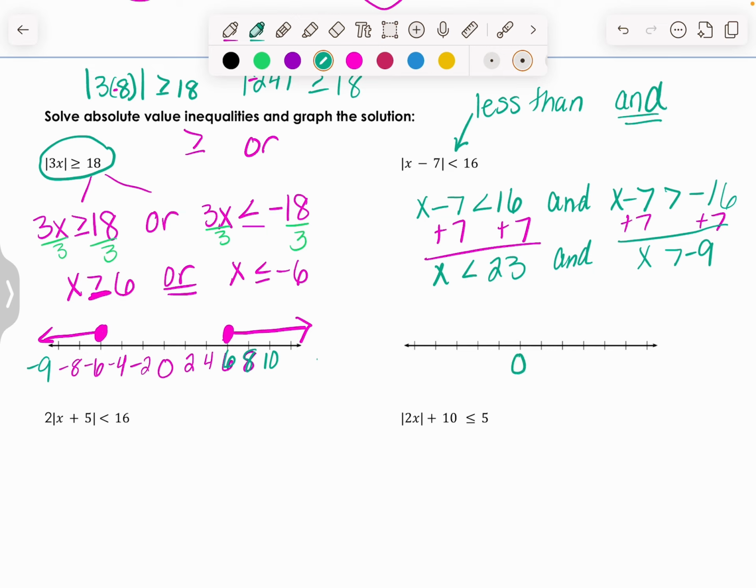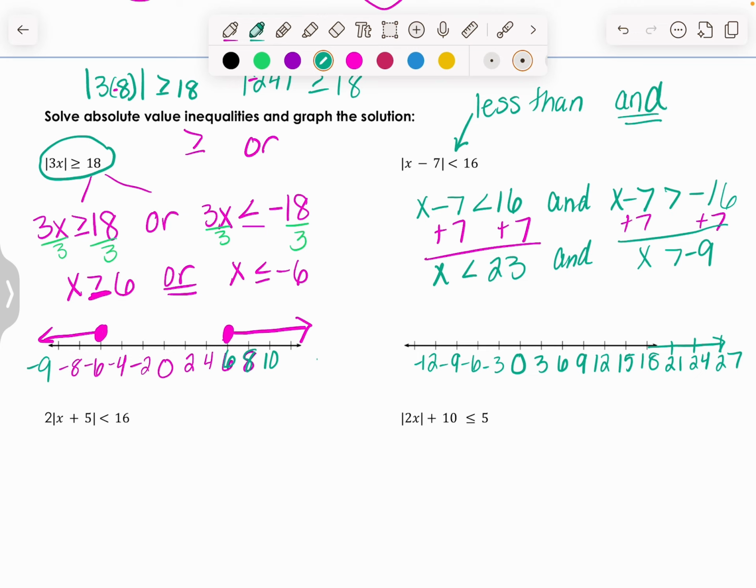So 3, 6, 9, 12, 15, 18, I'm going to have to make it a little bit longer, 21, 24, 27. All right, I got 21 on there. Now go back the other way, -3, -6, -9, -12.